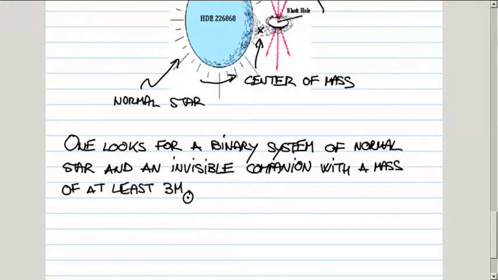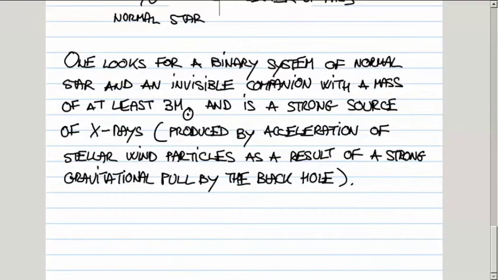But it's also a very strong source of X-rays. Okay, so you look for binary systems where one mate is not visible, but you know it must be there from the way the visible companion is moving. It has to have a mass of at least 3 solar masses. Moreover, it has to be a fairly strong source of X-rays produced as I've outlined here.